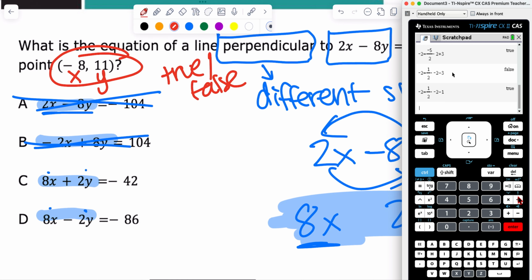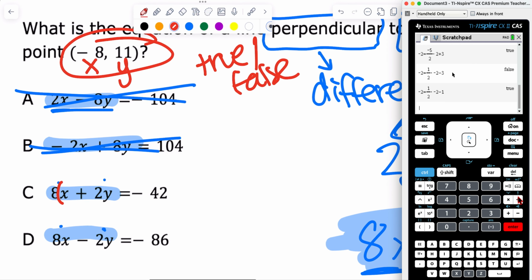So anywhere I see x, I'm going to put -8. Anywhere I see y, I'm going to put 11. Now I'm going to plug it in the calculator exactly how I see. 8 parentheses, negative 8 parentheses, plus 2 parentheses, 11 equals negative 42. Enter, and that gives me true.